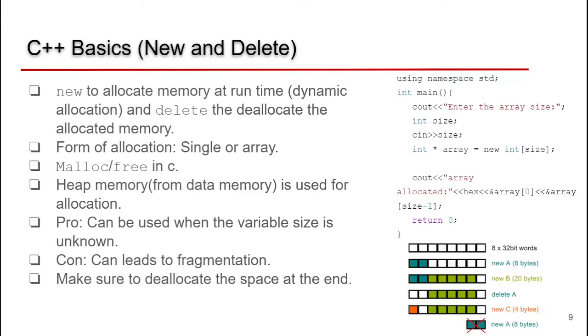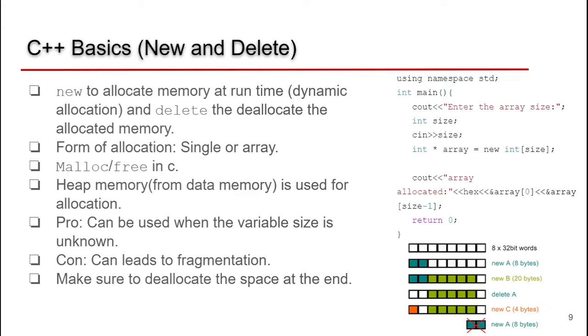Now when you say delete and the name of your variable, n1, it will go to n1 and free it. And now you can reuse this memory location for anything else.